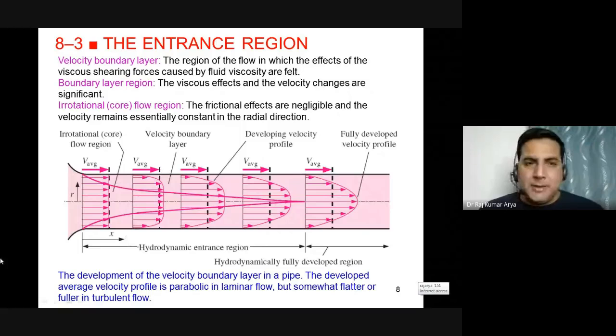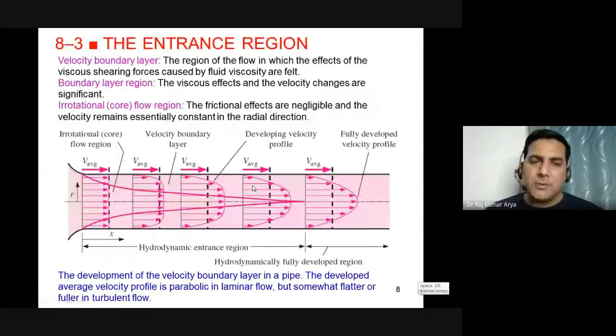This is called the boundary layer part, because you see in this particular part the velocity is changing. In this part this is the profile, then here and here. After that, there's no change. This much thickness of the fluid, in which the velocity is affected by the surface, is treated as the boundary layer. We will talk about the boundary layer in later chapters, not here.